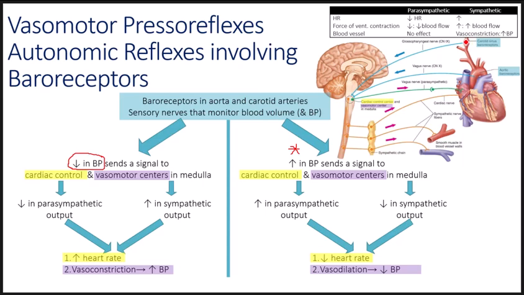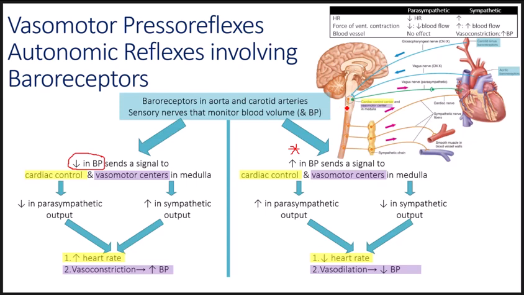And so the baroreceptors are going to pick up the information, send it back to the cardiac and vasomotor control centers, and then the medulla here is going to look at the situation and say, okay, we're supposed to be at this blood pressure, the set point, but it's quite a bit lower than that.